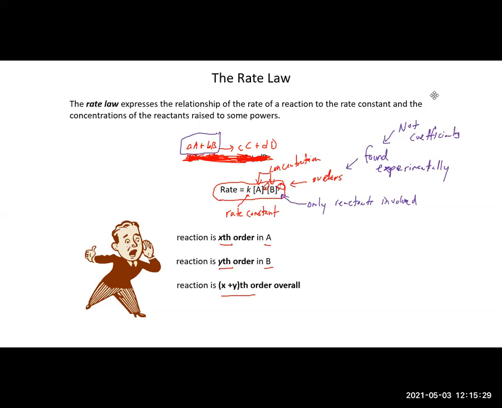You'll be given tables with things like the concentration of A, the concentration of B, and rate information. Usually there'll be a number of experiments, like experiment 1, experiment 2, experiment 3, 4, 5, however many experiments. There are a couple of ways you could analyze this table.